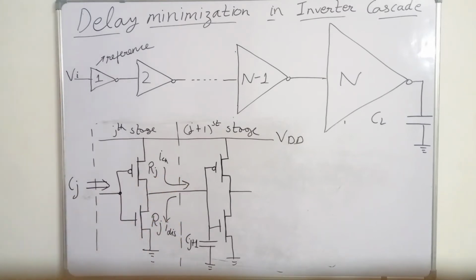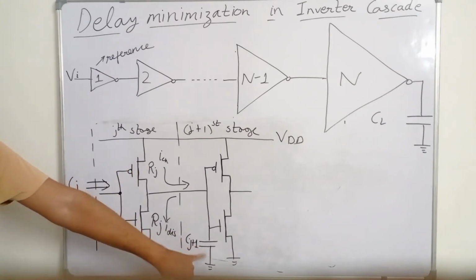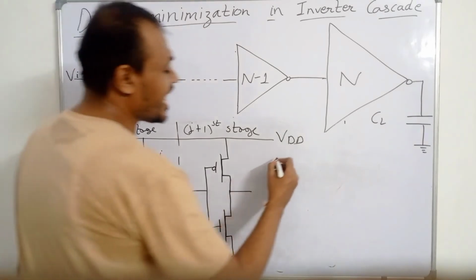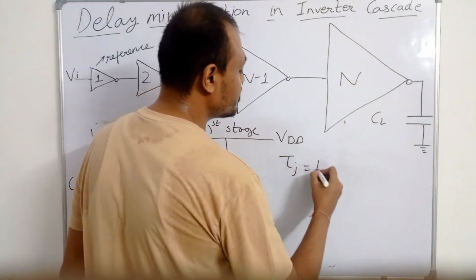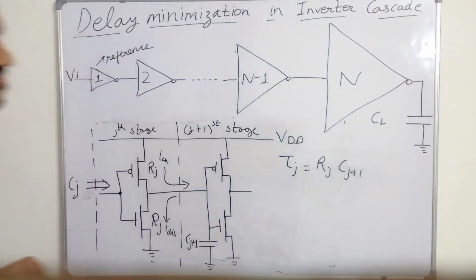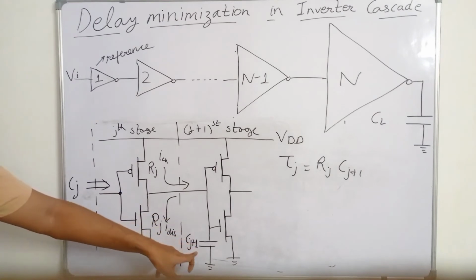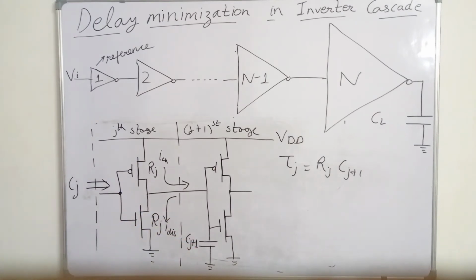So the jth stage will see the capacitance Cj plus 1. I hope you got why the time constant for the jth stage includes Cj plus 1, because the jth stage sees Cj plus 1 as the capacitance.